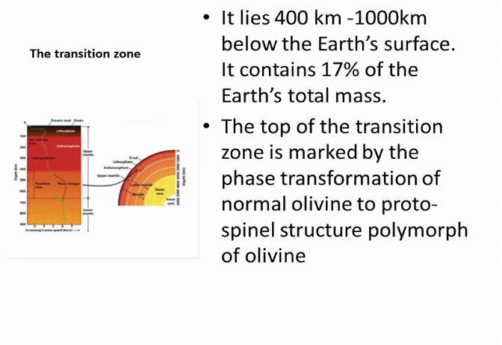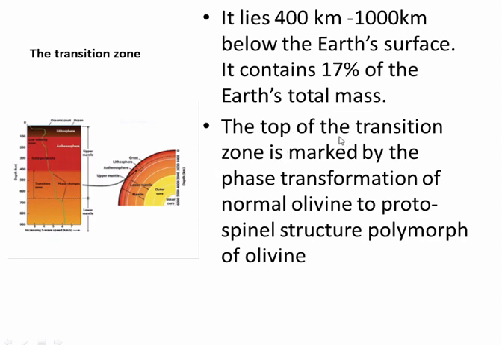There is also a transition zone. This transition zone lies between 400 kilometers and 1,000 kilometers below the Earth's surface. It contains 17% of the total mass of the Earth.